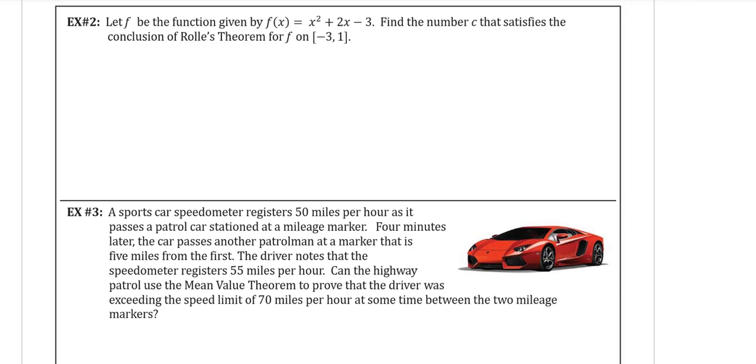Okay, so what we want to do is start with our conditions for Rolle's theorem, which are that the function has to be continuous on the closed interval and differentiable on the open interval. So that's the first thing I'm going to do here.